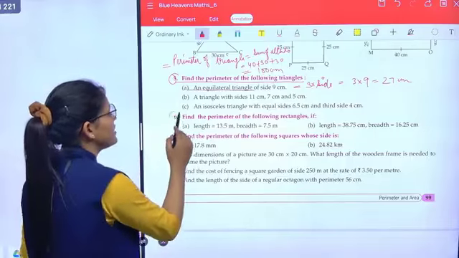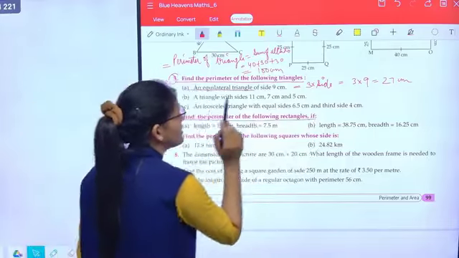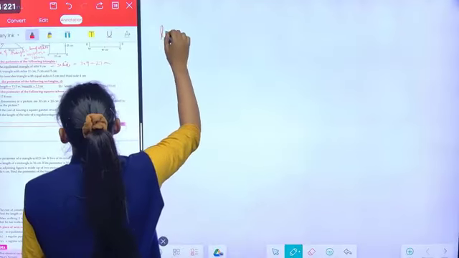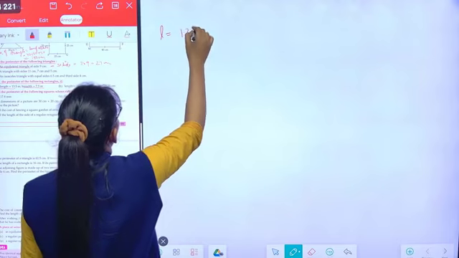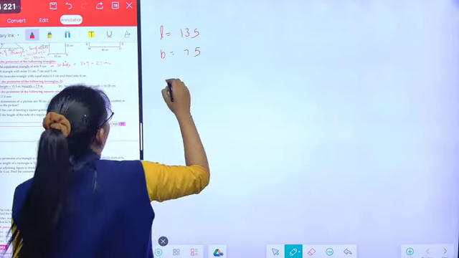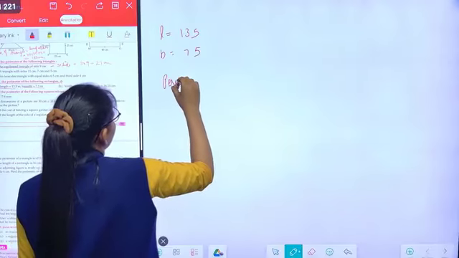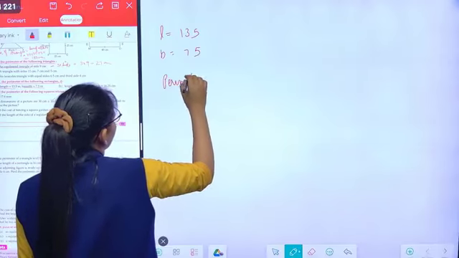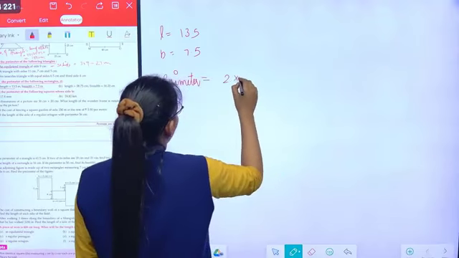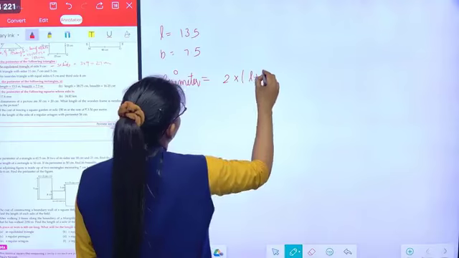Come on, question number 6. Find the perimeter of the following rectangles if length and breadth are given. Yes class, length is equal to 13.5, breadth is equal to 7.5. Now, perimeter is equal to 2 multiply length plus breadth.